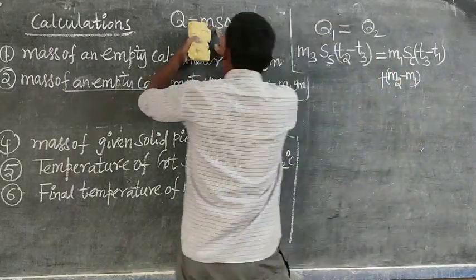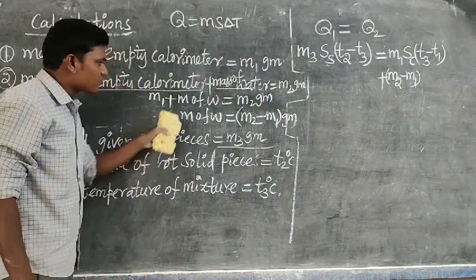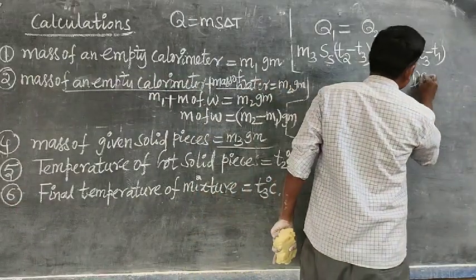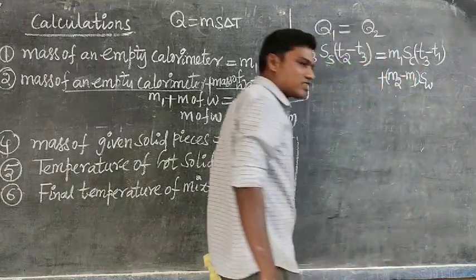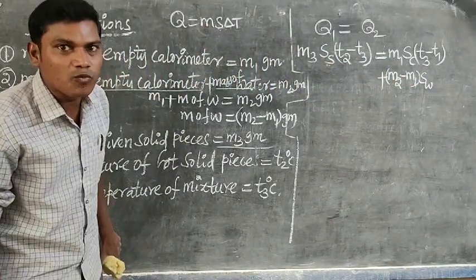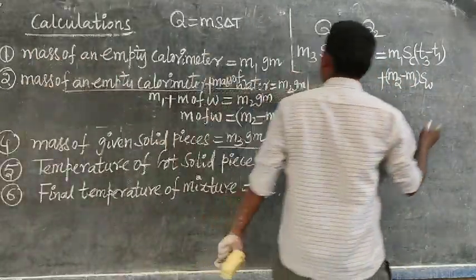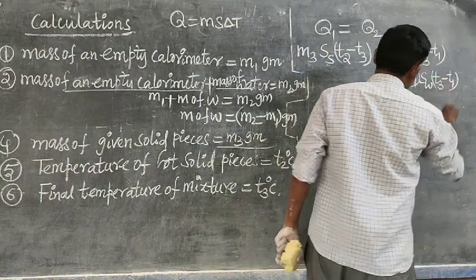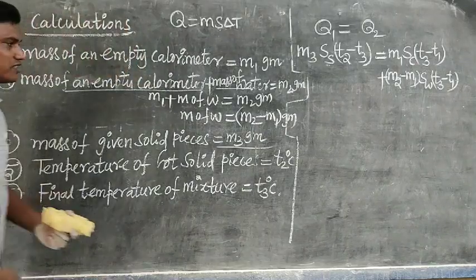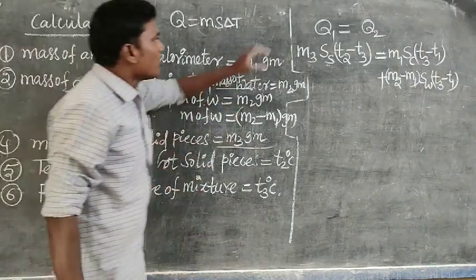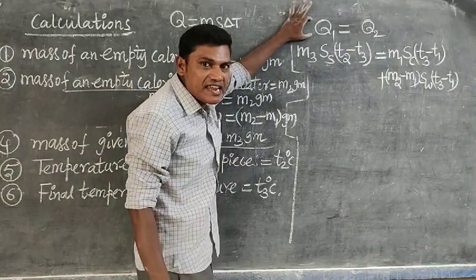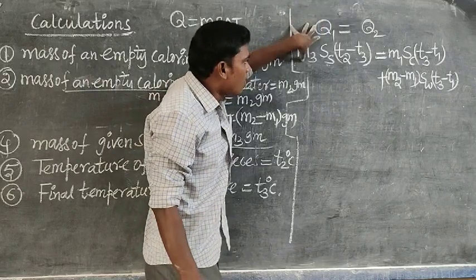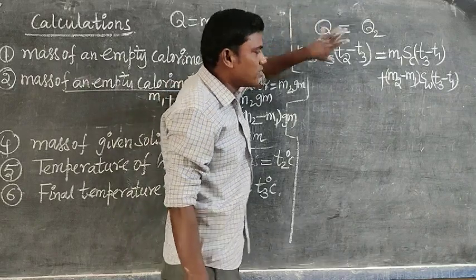Next, S means specific heat, and here it is water, so S_W, which is the specific heat of water. Next, delta T means change in temperature, T3 minus T1, because it is a cold body. So listen very carefully. Q1 represents the heat energy lost by the hot solid body or hot solid pieces.